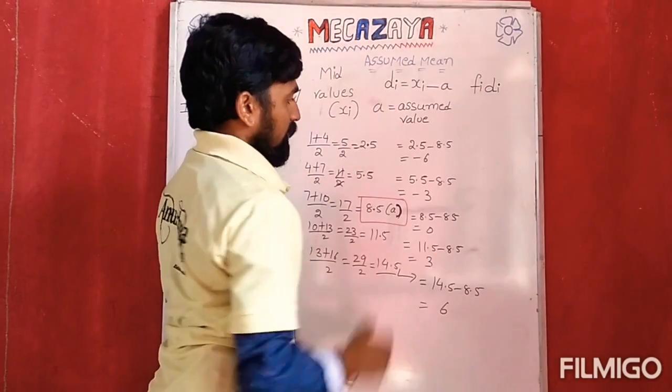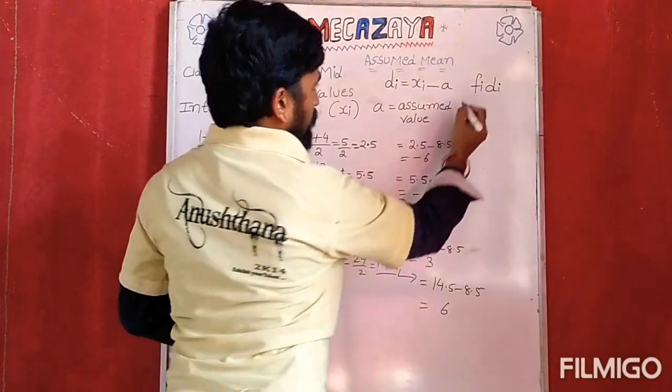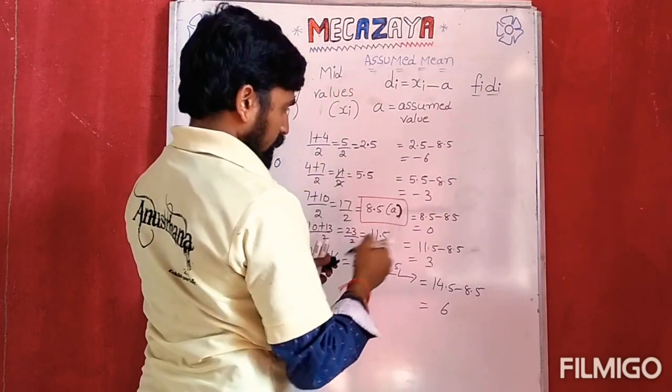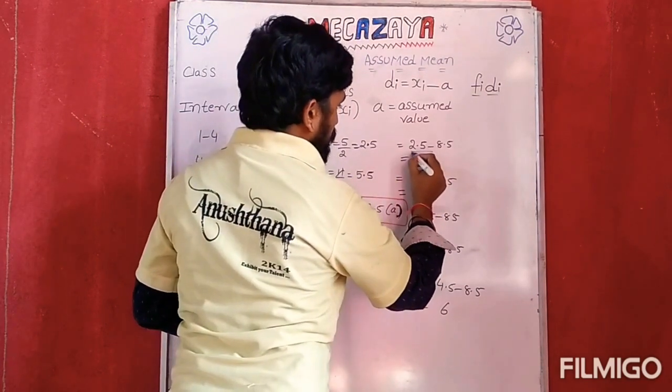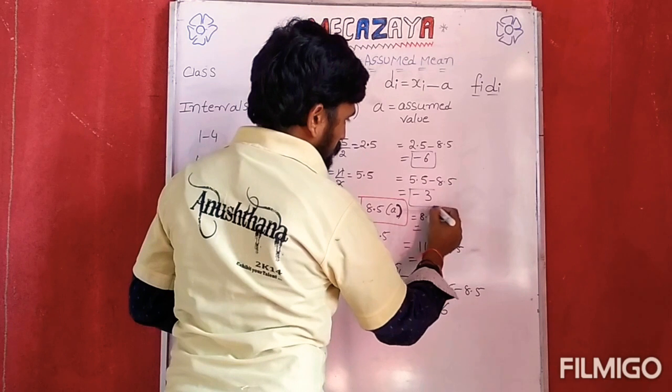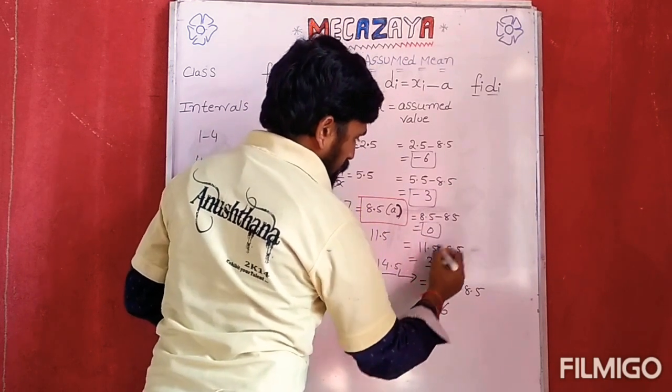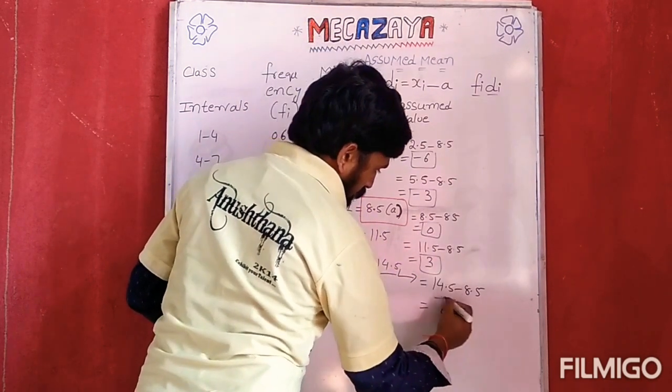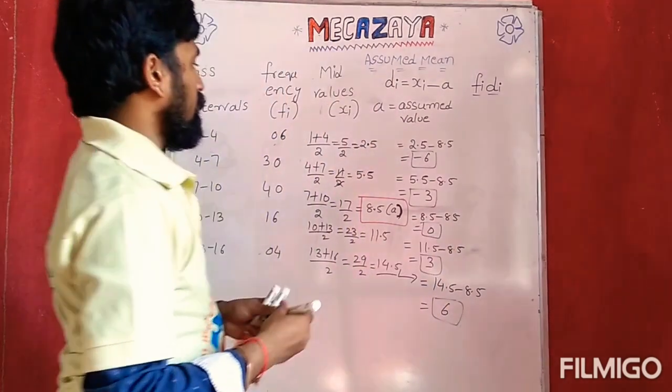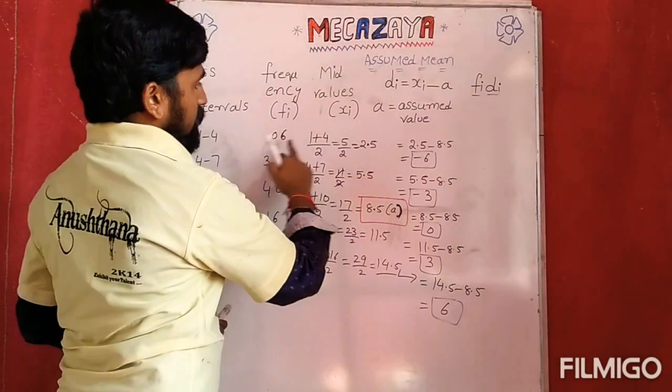So now multiply fi di. You are getting the di values minus 6, minus 3, 0, 3, 6. Now multiply with these.